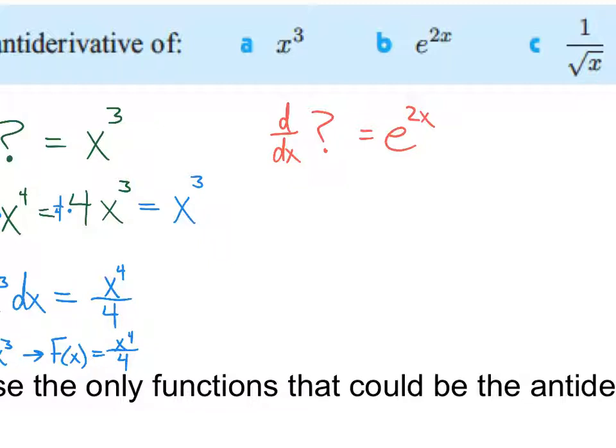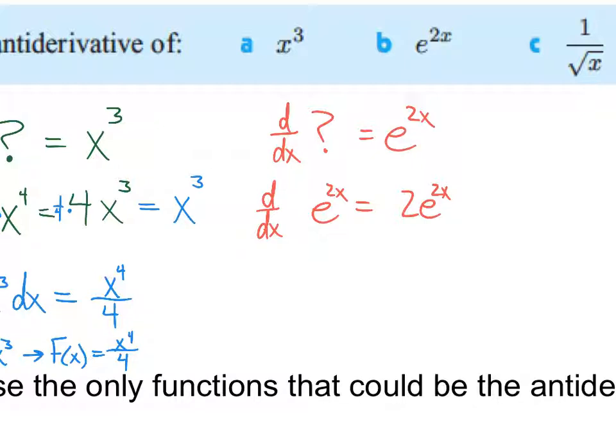Okay, let's try it. The derivative of e to the 2x would equal what? 2e to the 2x, right? Yeah, if I took the derivative of e to the 2x, I would get 2e to the 2x. How do I get rid of the 2?